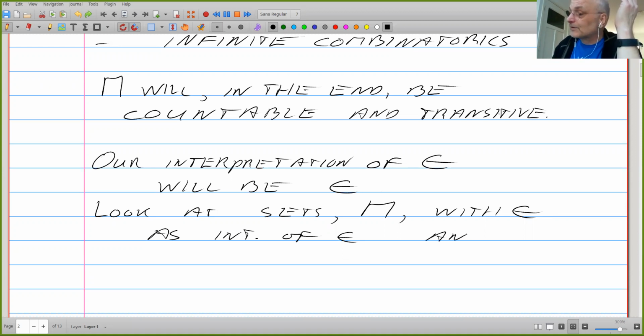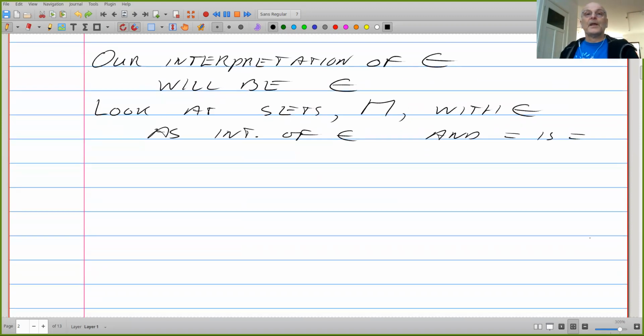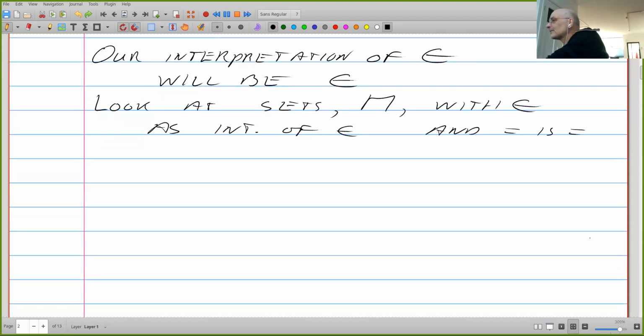And of course, equality will be just equality in that set. What is the thing that we're going to be doing? Some of this we did in the first few weeks.